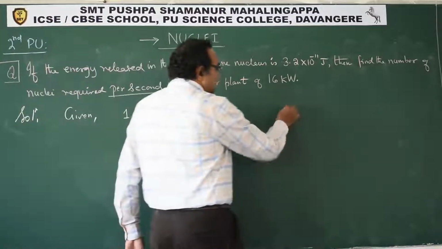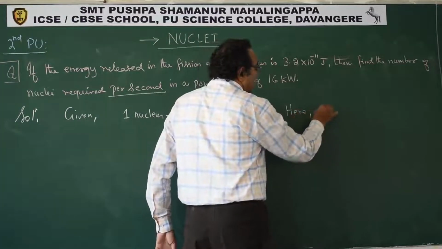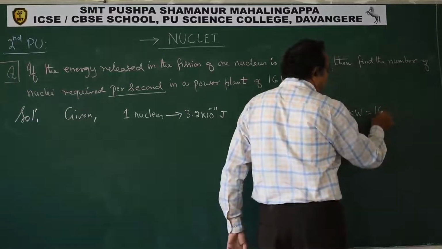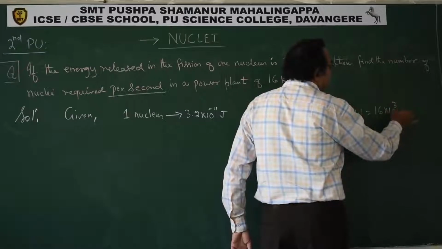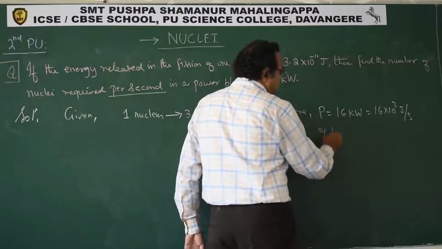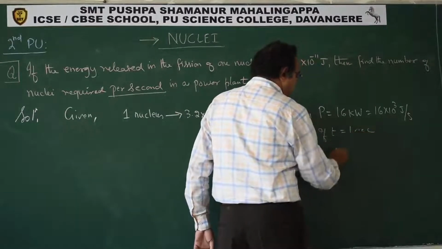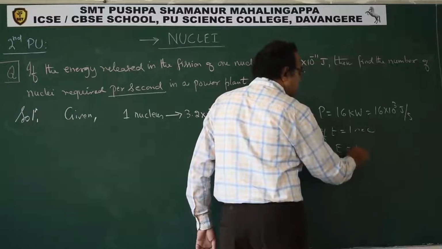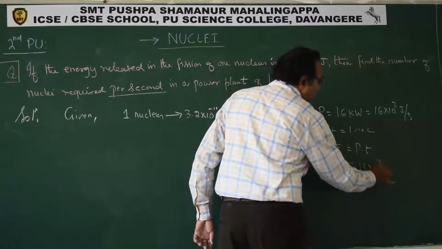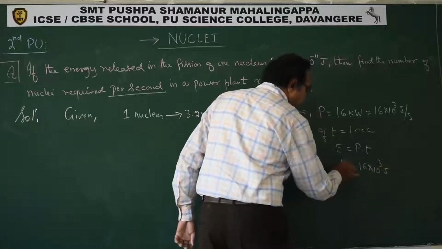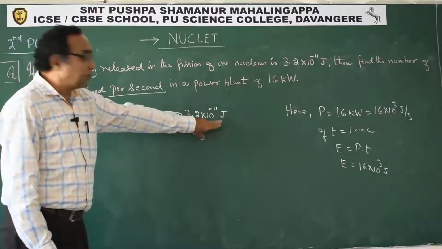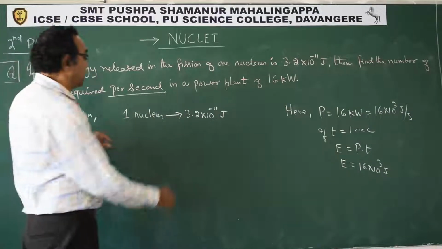So here, power is 16 kilowatt, that is the same as 16 × 10^3 joule per second. Therefore, if t is 1 second, then the energy will be 16 × 10^3 joule. 3.2 × 10^-11 joule is released by one nucleus.